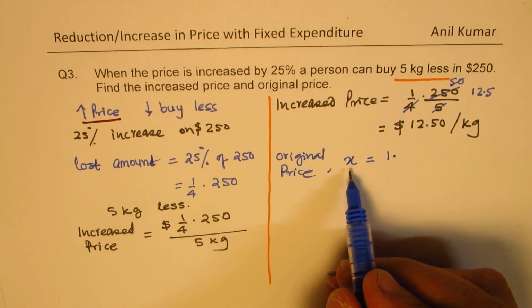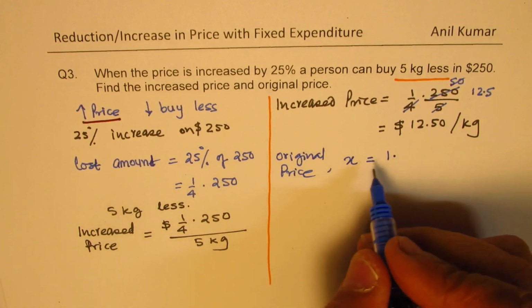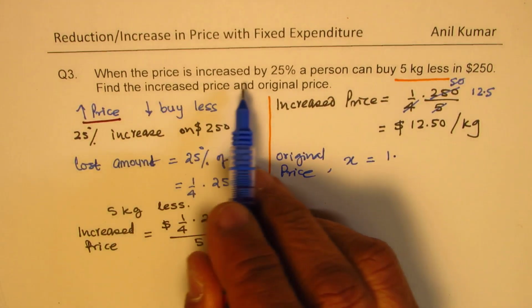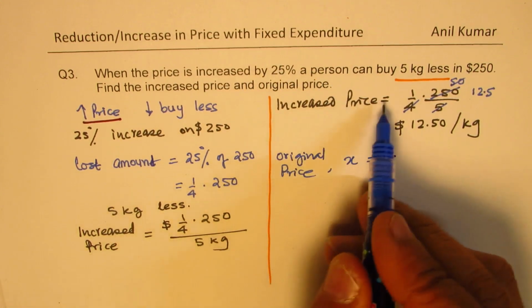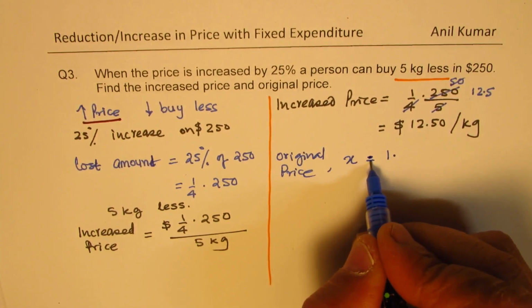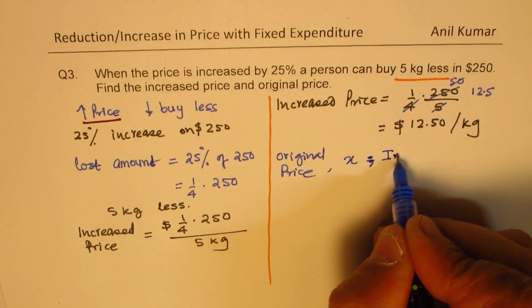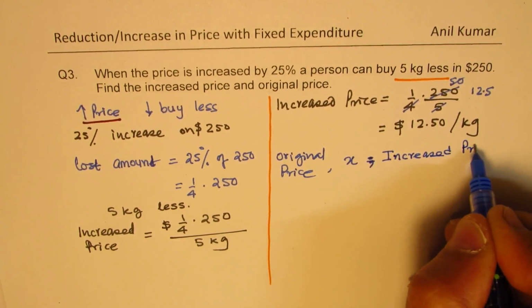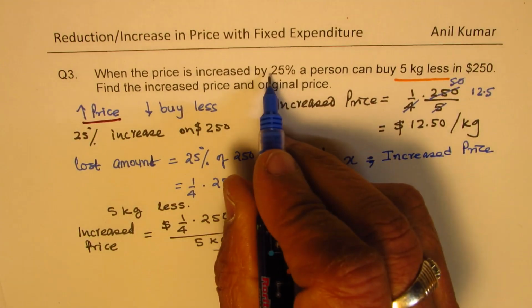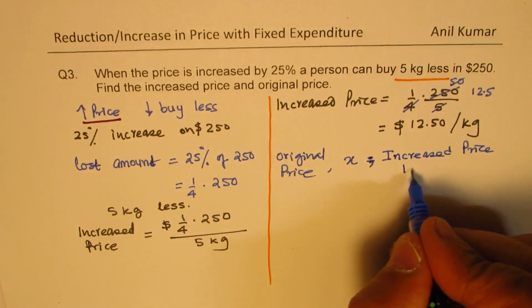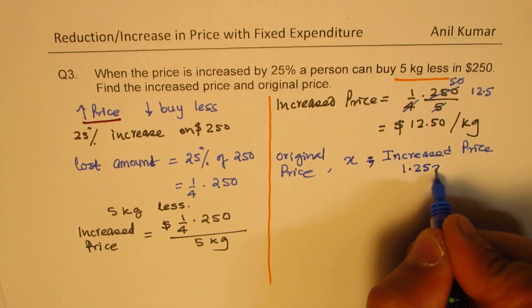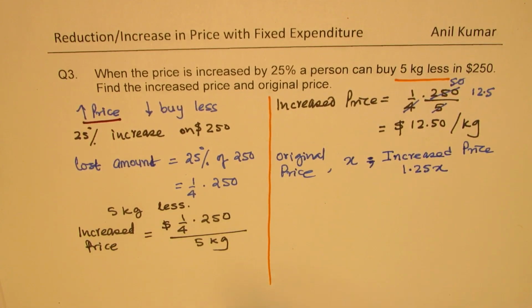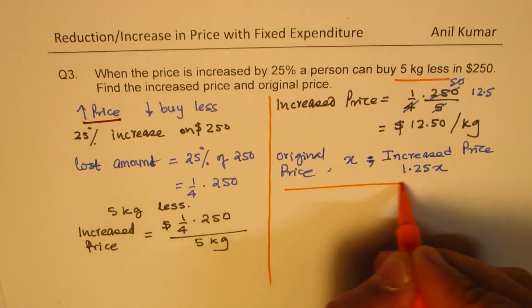Let the original price be X. So when the price is increased by 25%, we get the increased price. Let's write like this. The increased price is 25% more, that means 1.25 of X, 25% more than the original price. Right? So this is important to understand.